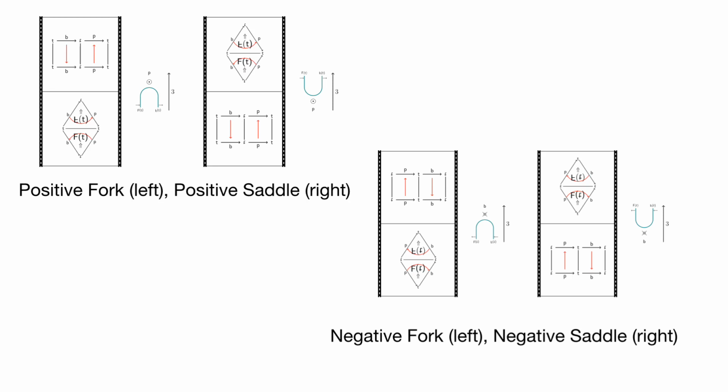So here we take the other globular composition of F of T and upside down F of T, or F of F and upside down F of F. And so those are all going to be forks or saddles. And we need to make a distinction between forks and saddles in these contexts.